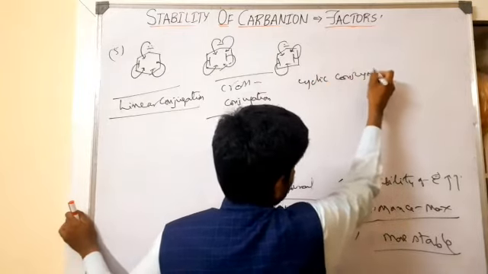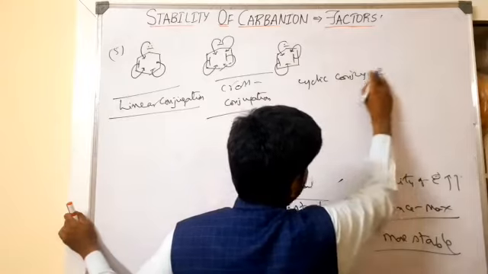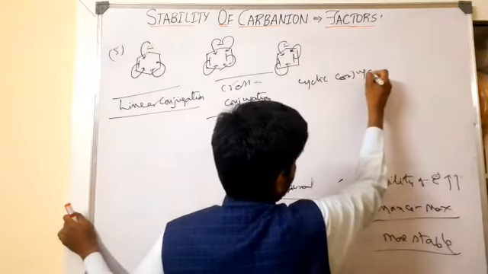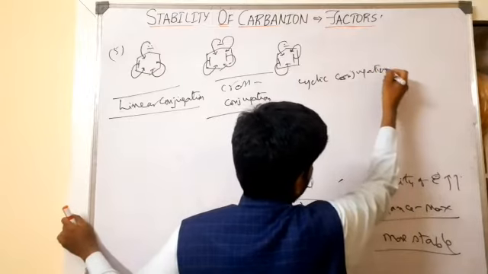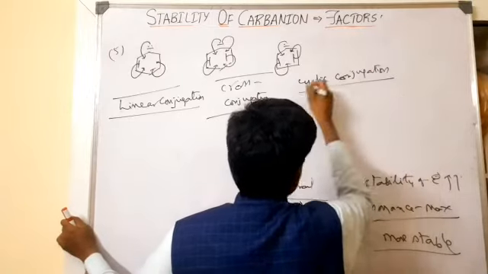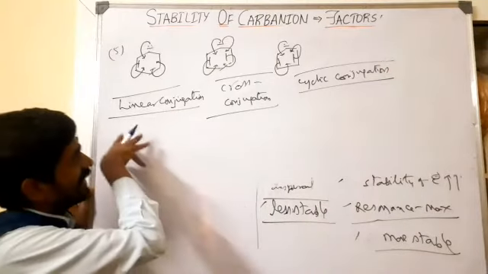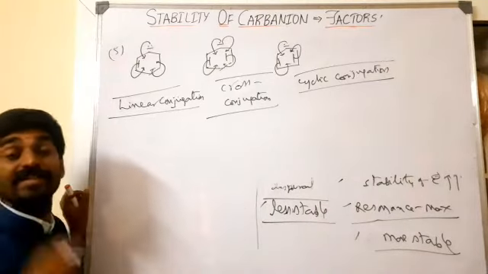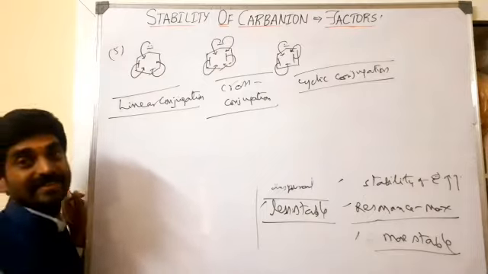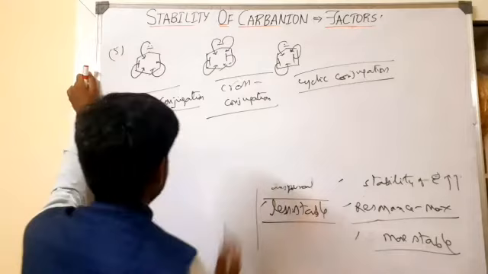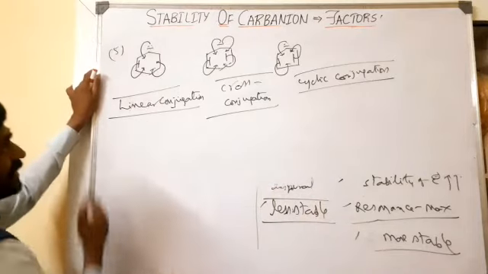So all have conjugation. Conjugation is of different types: linear conjugation, cyclic conjugation, and cross conjugation. If the molecules carry these three types of conjugation, which is the most stable? Look here, in this case, cyclic conjugation, and here linear conjugation.